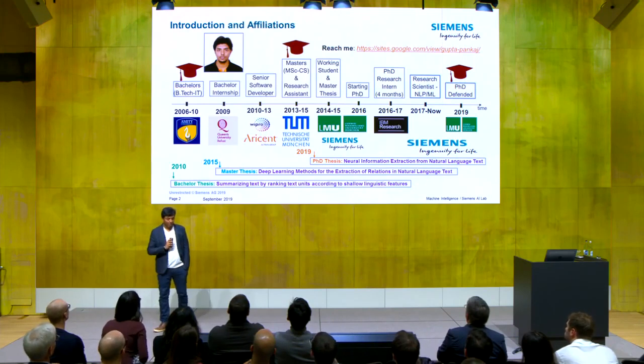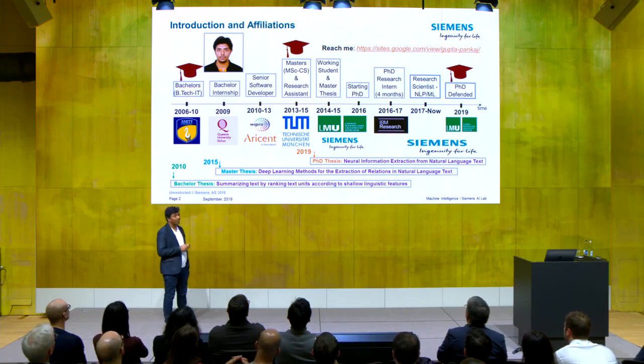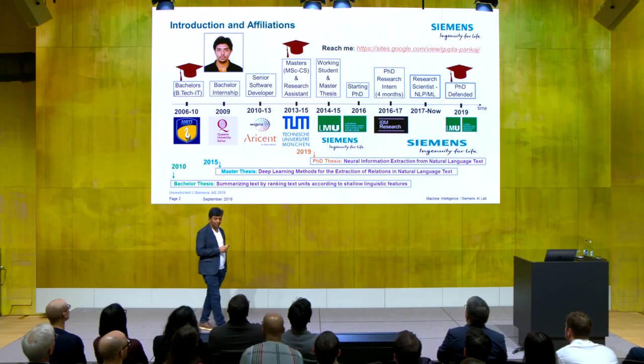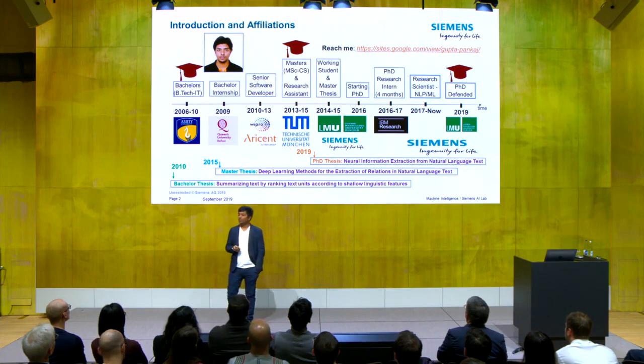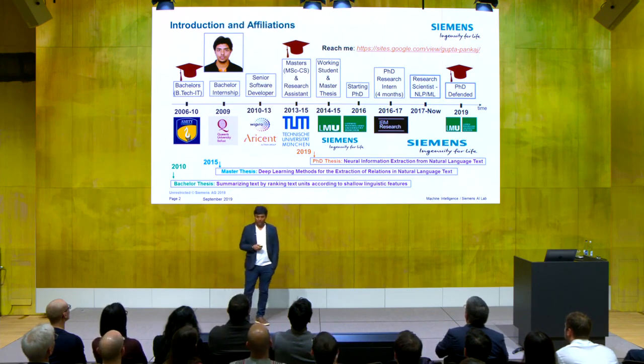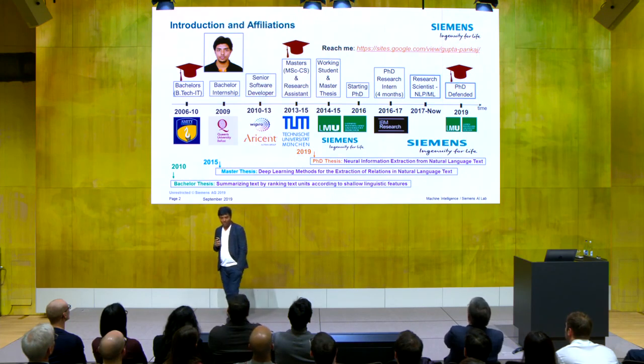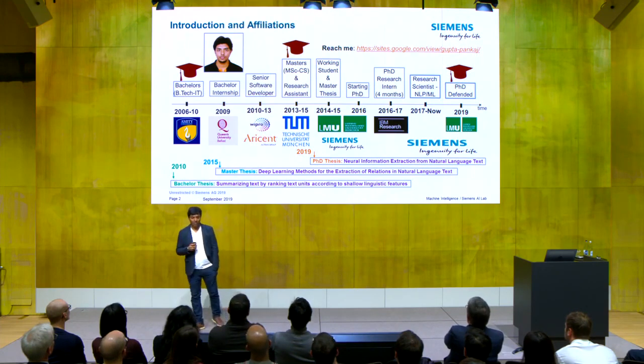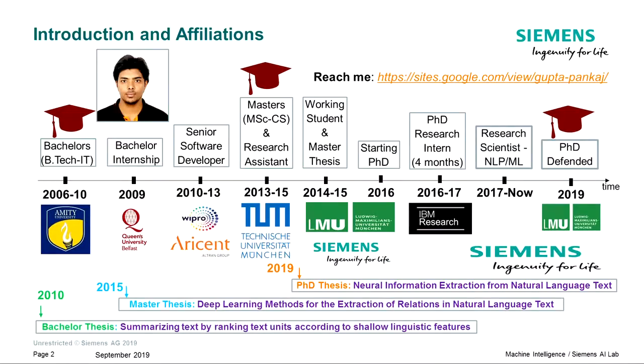I recently graduated. I did my PhD with Professor Hinrich Schütze at LMU. I love Zurich because I worked here in 2016 at IBM Research. I was a research intern. I could see some faces from IBM. That's why I love Zurich. But yeah, let's go to the next slide.